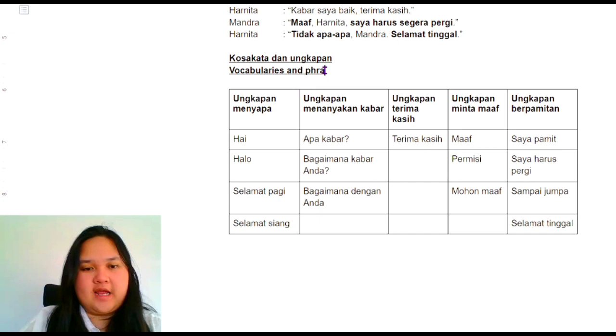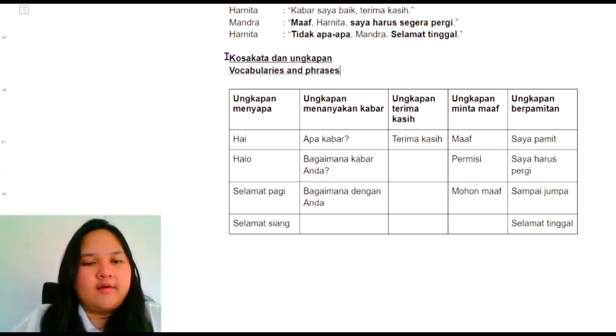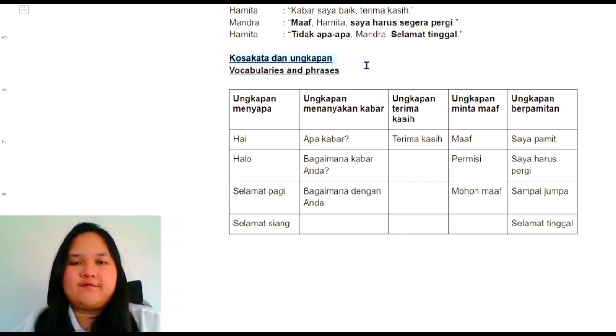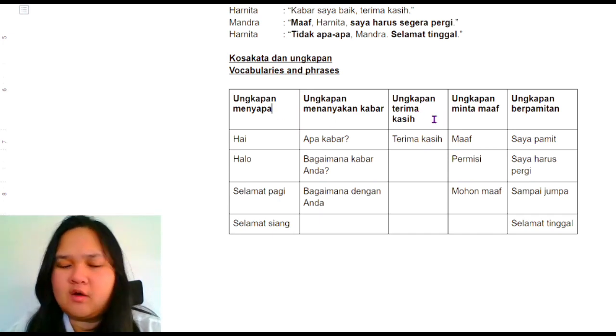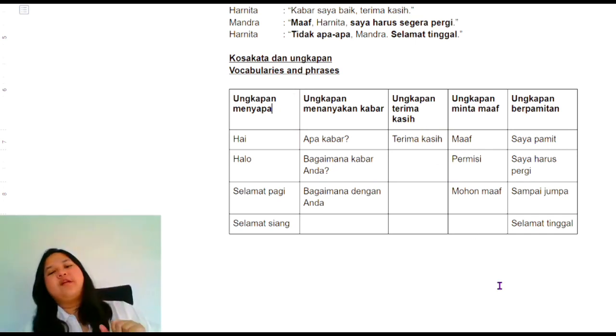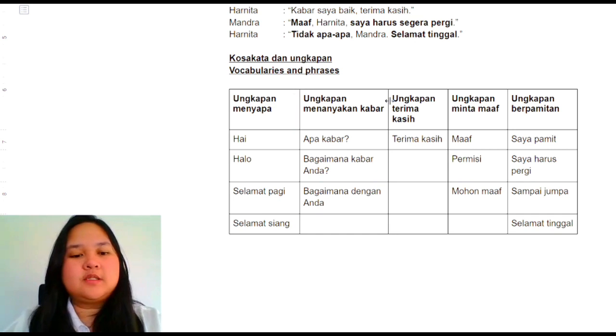Ungkapan is phrase or phrases. So kosakata dan ungkapan, vocabularies and phrases. Here we have divided five categories or 5 columns.